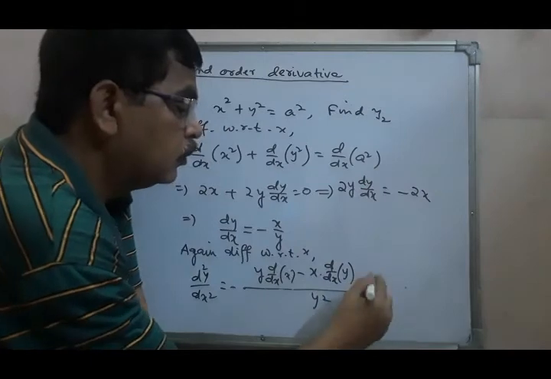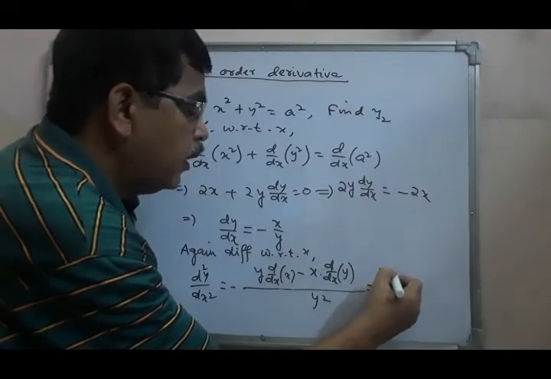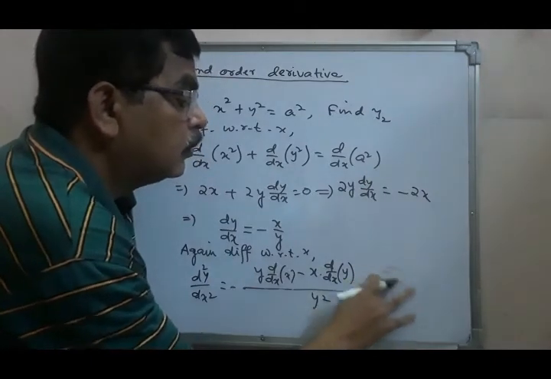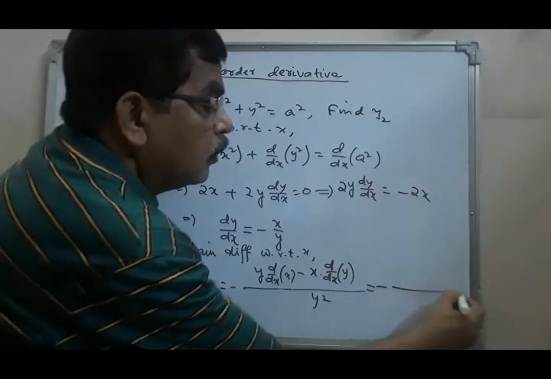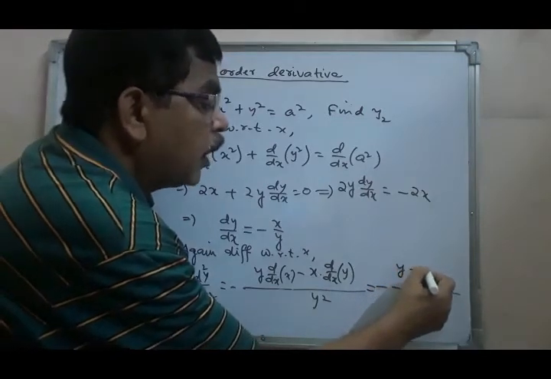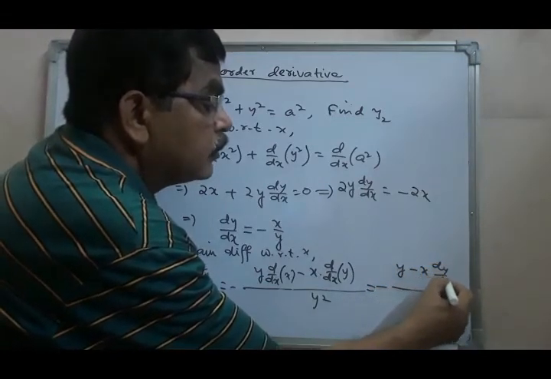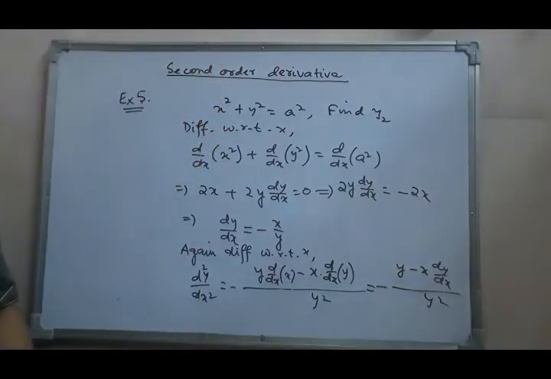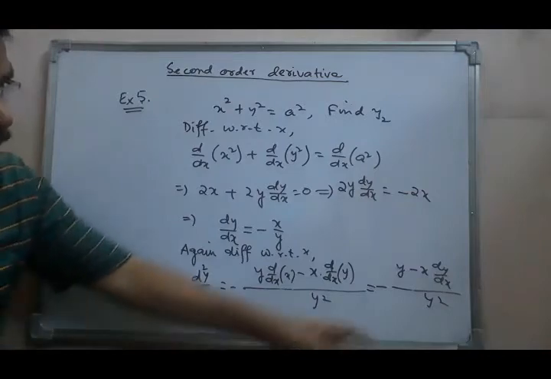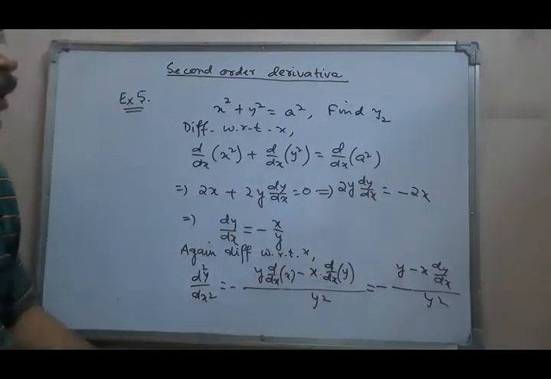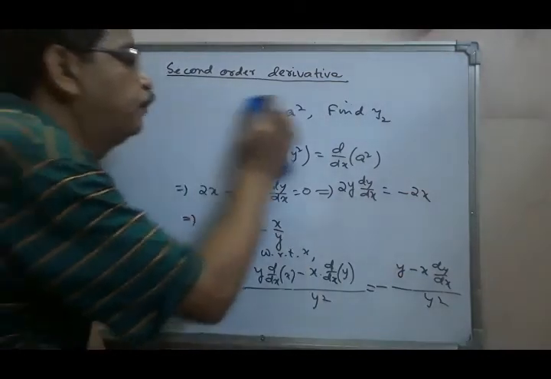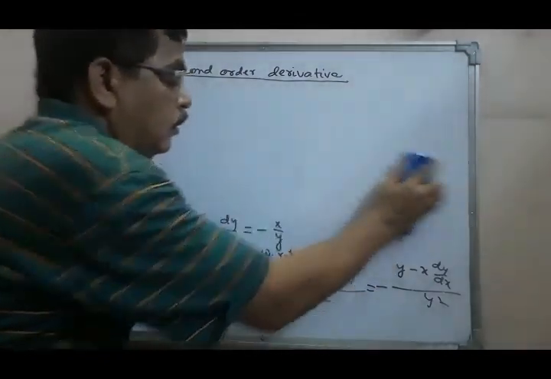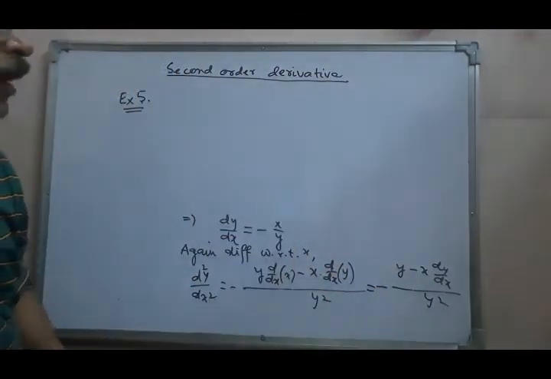So it is y minus x dy by dx divided by y square. So here we have to substitute the value of dy by dx.